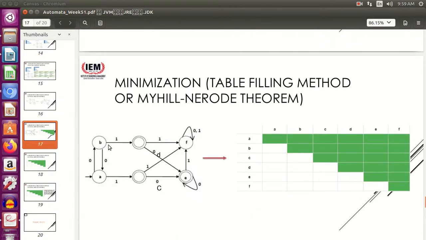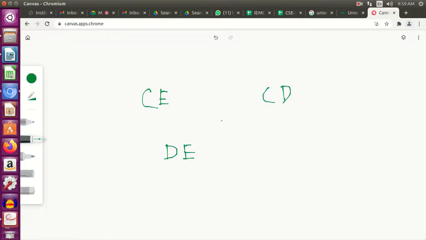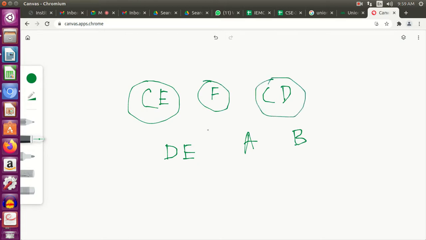What are the other states that we had? We had A, B, and F, right? So for A, B, and F, we can just write A, B, and F. Now these are the new states of your minimized DFA.